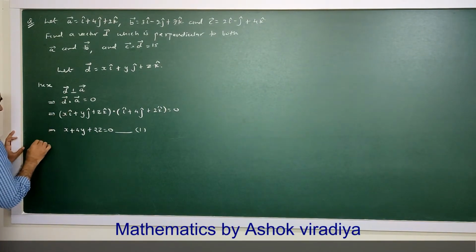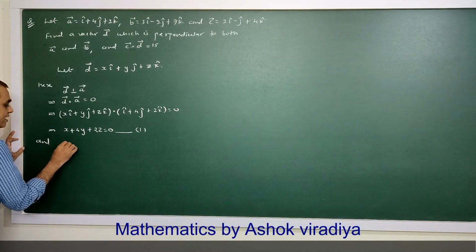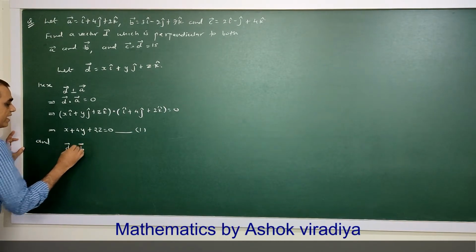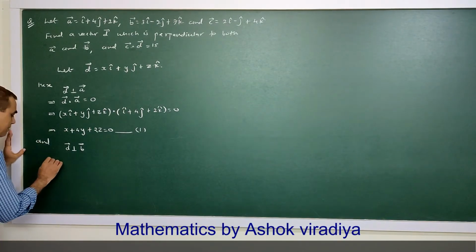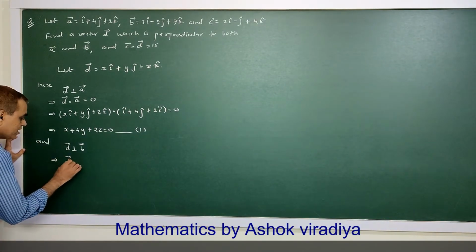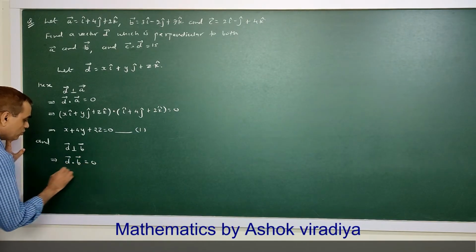We are also given that vector D is perpendicular to vector B. Now we get a similar equation. D is perpendicular to B, so its dot product with vector B is 0.